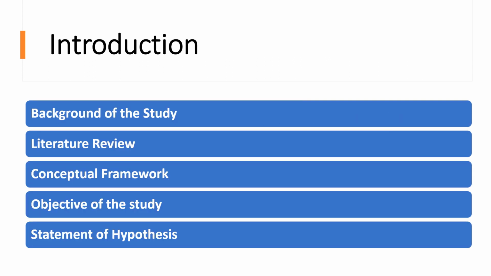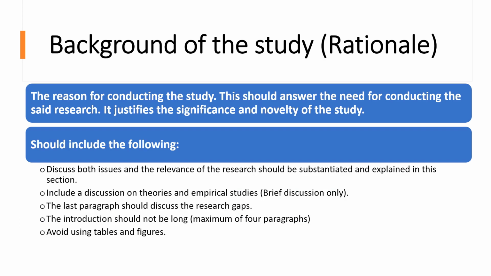Next is the introduction. The introduction contains the following. First is the background of the study. Next is the literature review. Then the conceptual framework, objective of the study, and the statement of hypothesis. The background of the study contains the reason for conducting the study.